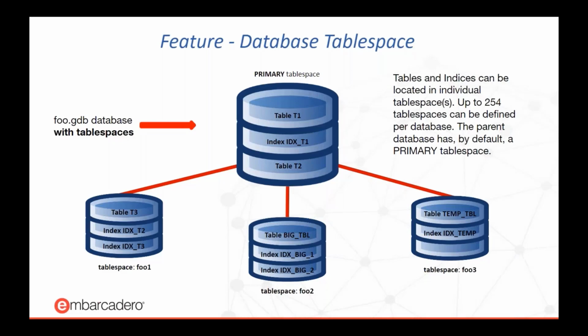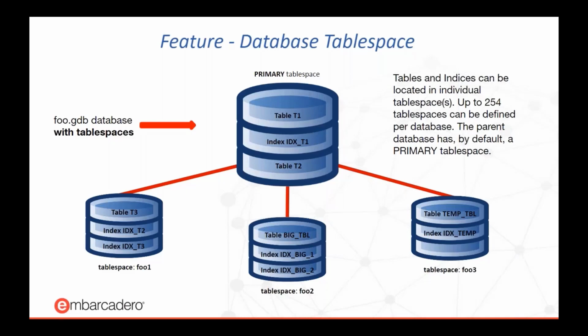You may have, say, a couple of SSDs, solid-state drives, on the system where you may want to have high-speed information, whereas you may want to keep some of your archival data in slower disks. So you can assign a table space to a file that resides on these fast or slow mediums, and thereby move your tables or indices to those table spaces.